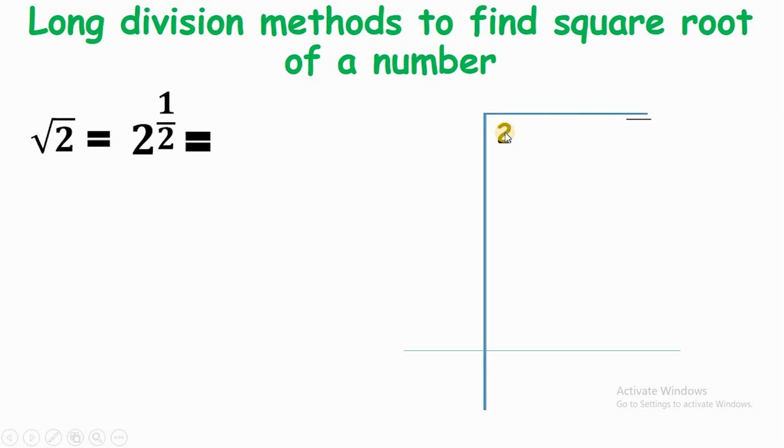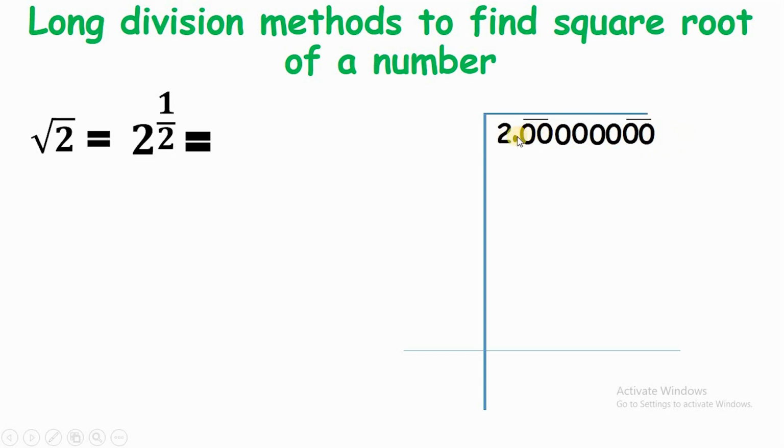Now we'll write 2 first and then make a box like this. And after the decimal point, we can add as many zeros as you like. So we'll add 2, 3, 4, 5, 6, 7, 8 zeros. That means we can find the decimal up to 4 places of decimal. If you want to find 5th place of decimal, you have to add 2 more zeros.